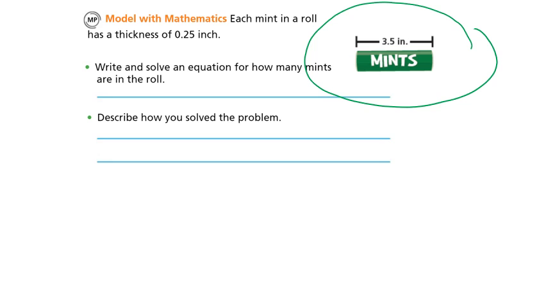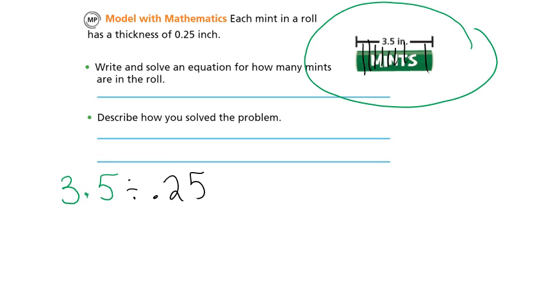Okay, first, let's go ahead and we're going to estimate. I know that I have 3 5/10 of an inch, and each mint, so I'm thinking that mints are little pieces in here, is going to be 25/100ths of an inch.